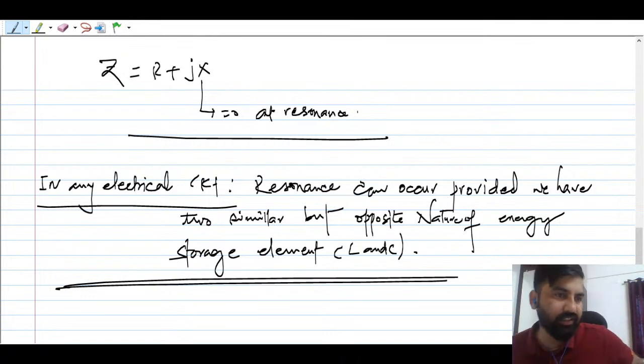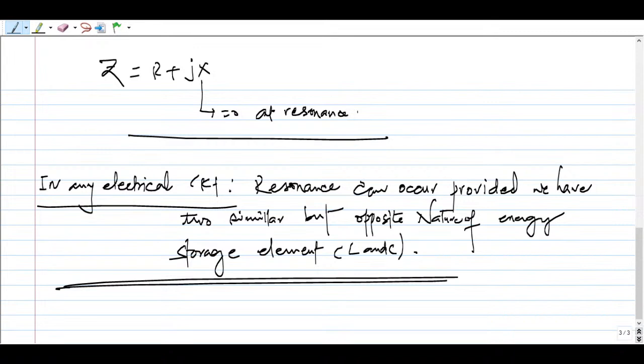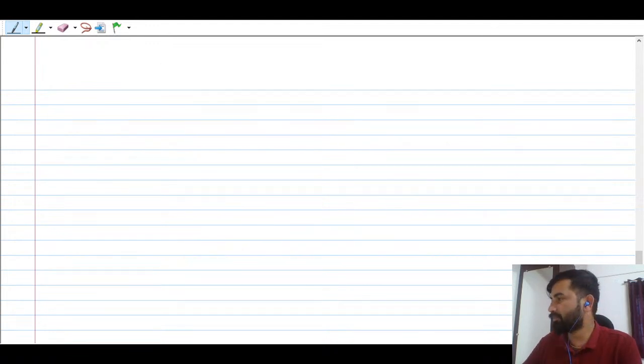So I think this is clear. Resonance will occur provided we have two similar but opposite nature of energy storage elements, like L and C. If L and C are not present, then you can't have the resonance. So these points you have to keep in mind.